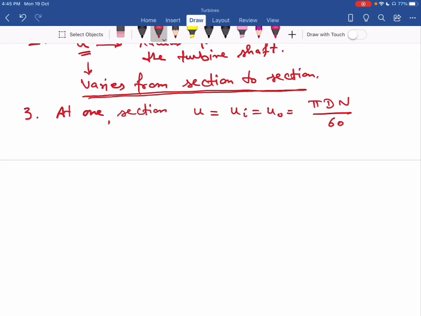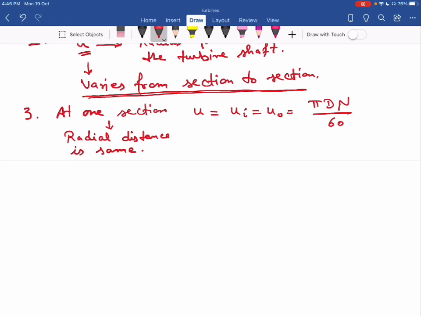The radial distance is the same, therefore u is equal to ui. So the tangential velocity at inlet is equal to the tangential velocity at outlet, and you can find out that value with the formula pi D N divided by 60, where N is the speed of the turbine, D is the diameter.